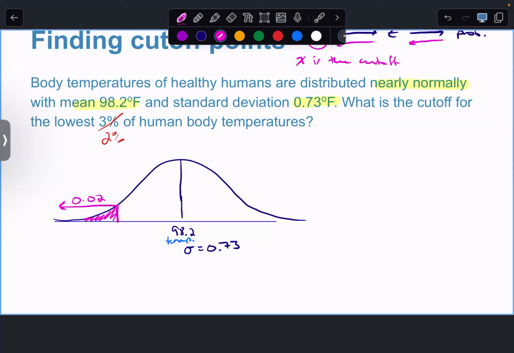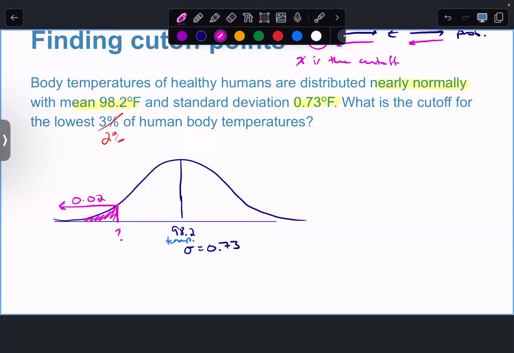So now this is the opposite direction. I'm forcing that to be 0.02, and I'm working towards finding what that value is. What's the cutoff for the lowest 2% of body temperatures?